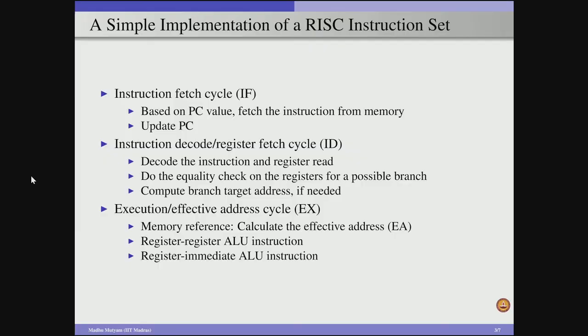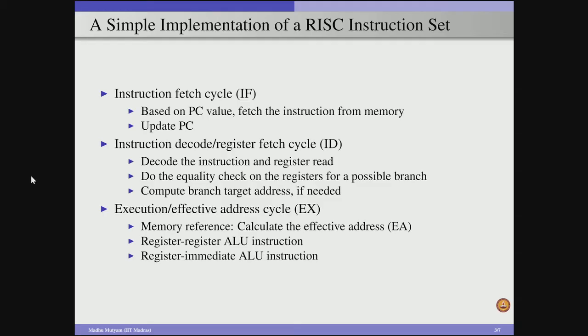and in the next stage, that is called the execute stage, we actually perform the actual execution of an instruction. If it is an ALU operation, because this is a RISC instruction set architecture, we will perform the ALU operations on register contents. So, already register contents are read in the previous stage, that is the ID stage, and we give these register contents or register operands to a functional unit, and we perform the actual operation.